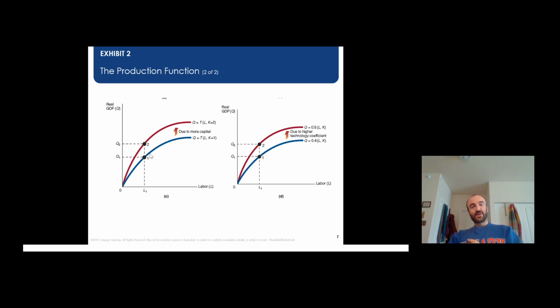If we assume that the production function is here, you can increase labor while keeping the two other factors constant. You can produce more and more, but after a while it flattens out. The curve becomes flat, so by increasing labor from this point, for example, to that point, you're not going to get much additional output.